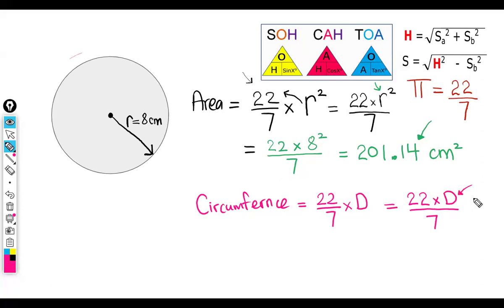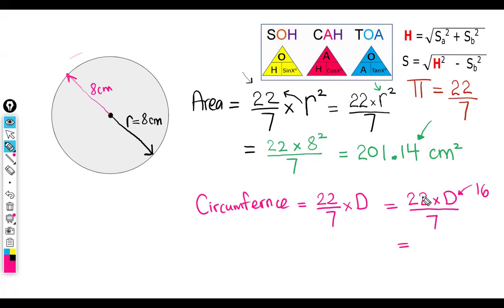I didn't tell you the length of the diameter, but you're supposed to reason it out. Remember, the diameter is twice the length of the radius. So the diameter is from one side to the other side. If here's 8 and here would be another 8, the diameter is 16, or the radius multiplied by 2.